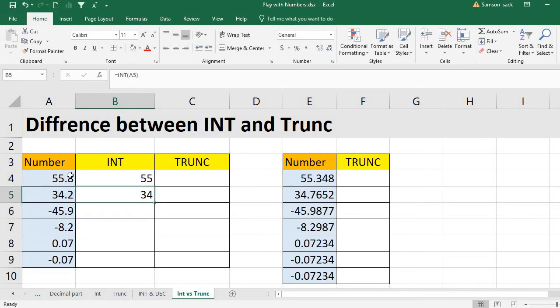It is irrespective of whether the decimal part is greater than 0.5 or less than 0.5. It doesn't care about the decimal part. It is not adding 1 to the integer part. It is not rounding off or anything. It just simply leaves the decimal part. It's very fine so far.